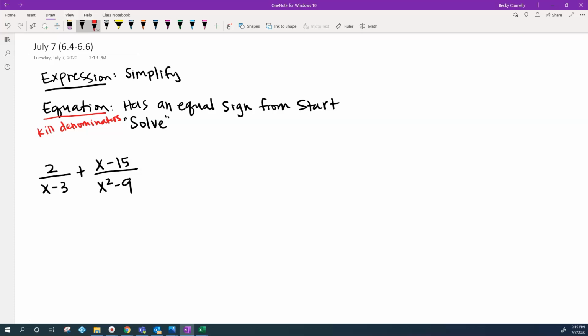So we are going to find the LCD of this. The LCD would be found by, well, let's first factor. Make sure both of the bottom terms are factored there. And then we can see that the LCD is going to be x minus 3 times x plus 3.